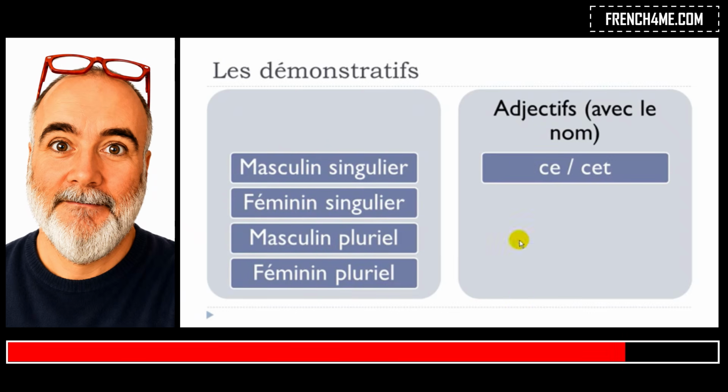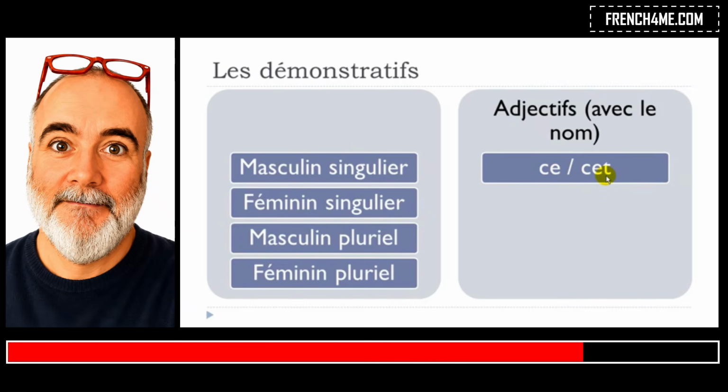The first one, so for the masculine, this adjective will be translated in French with ce, so it's the basic form, or cet. Okay, so you will have to use this second option, cet, when you will have a noun after that will start with a vowel or with h plus a vowel.